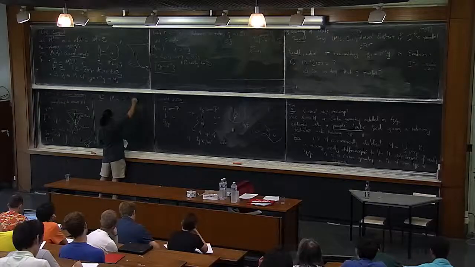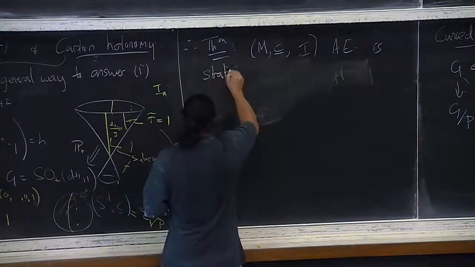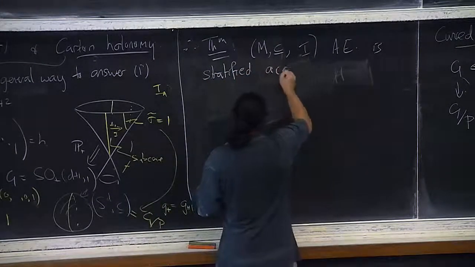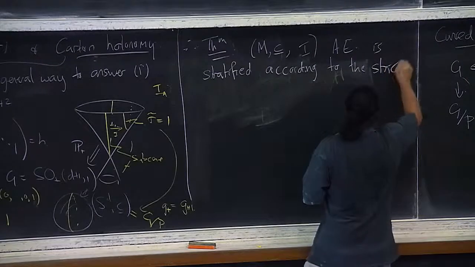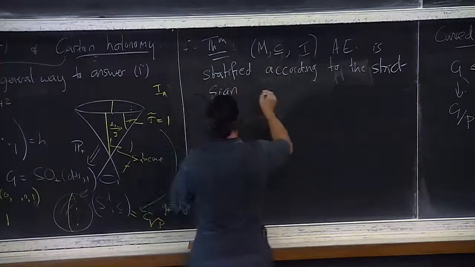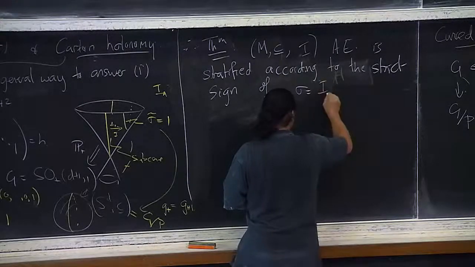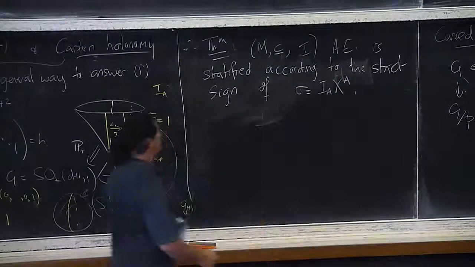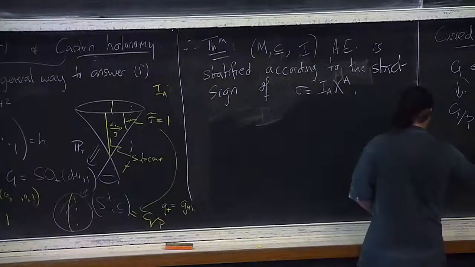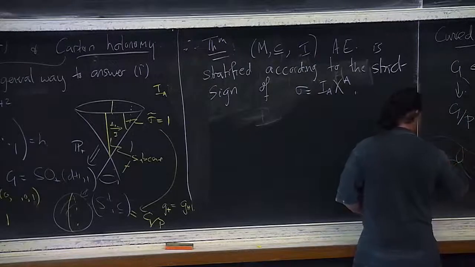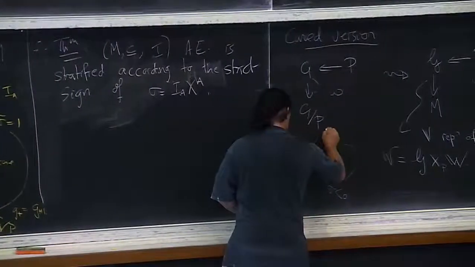So this almost Einstein structure is going to be stratified according to the strict sign of sigma, which is what you get when you take your parallel tractor and contract it into the canonical tractor I, the top slot of the parallel tractor. Okay, so the sort of picture that you might get, I'll go through the cases, but you have sigma positive, sigma negative, and sigma zero.